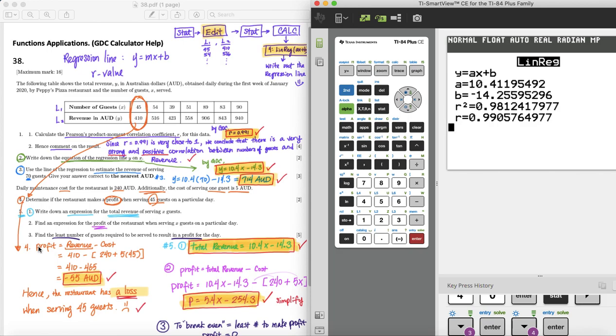We do have a definition for making profit. Profit is equal to the revenue minus the cost. This question, when there is a picture, the answer is in the picture. When we serve 45 guests, how much money do we make as the revenue? Seeing is believing. You made 410.